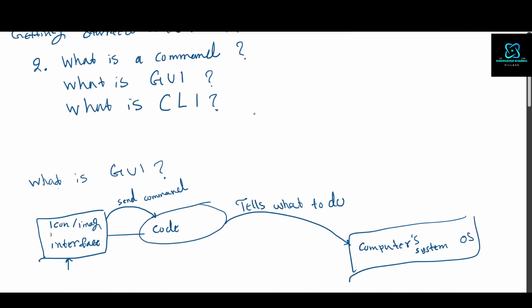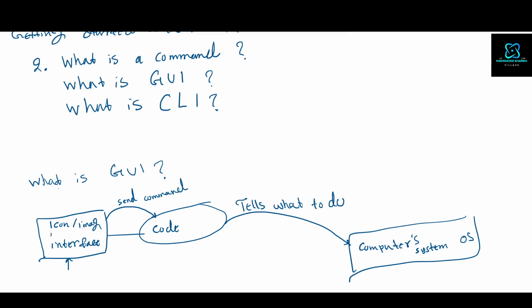First, we are going to learn about what is graphical user interface, short for GUI. Graphical user interface is basically an icon or image interface.